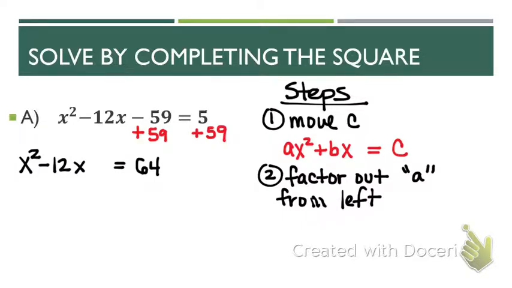Step 3 is to add b/2 squared to both sides.